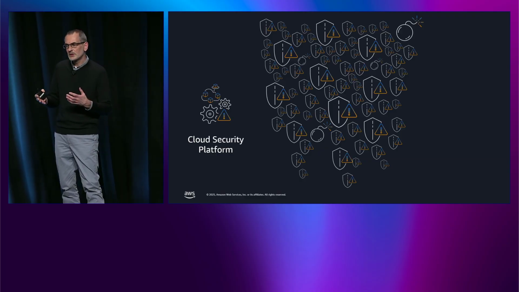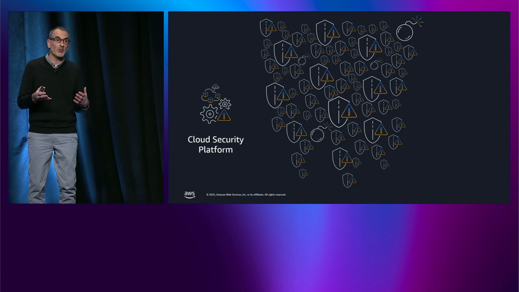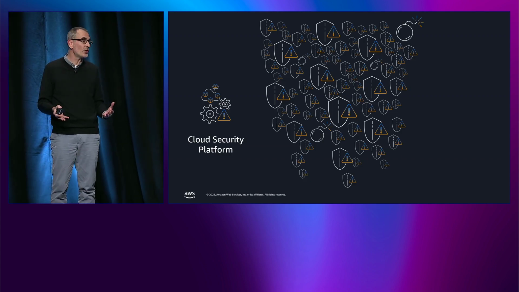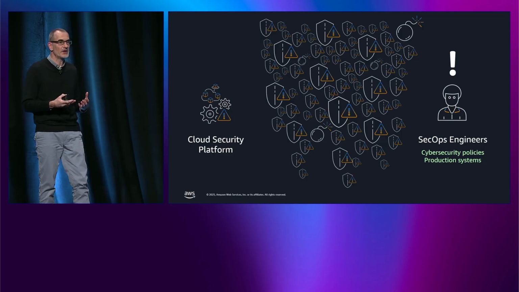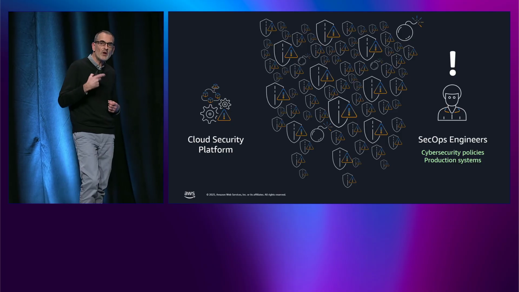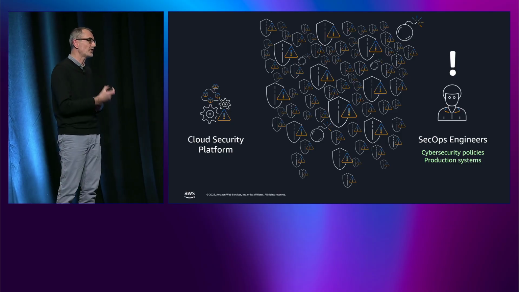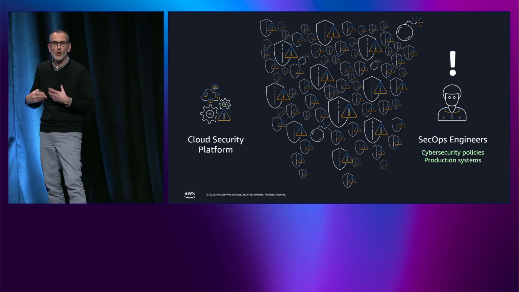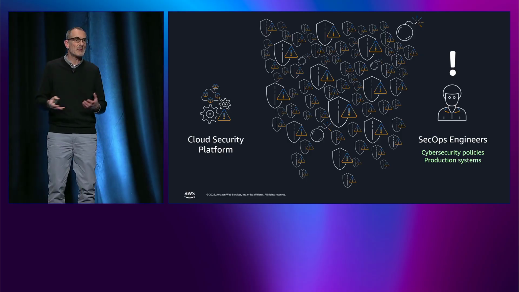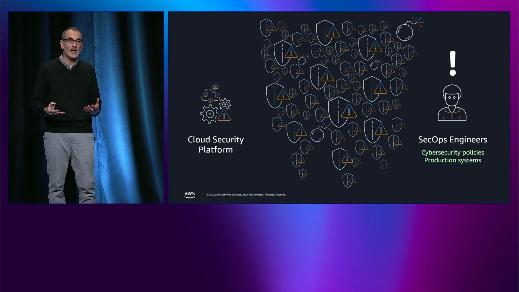So now, having solved one problem, that of identifying potential security risks in your cloud infrastructure, your SecOps engineers and analysts are faced with another. How can they remediate these issues in a safe and timely fashion? And it's not simply a matter of automating fixes. I mean, platforms like Wiz already allow you to do that.